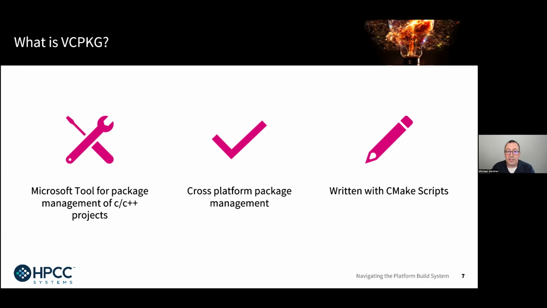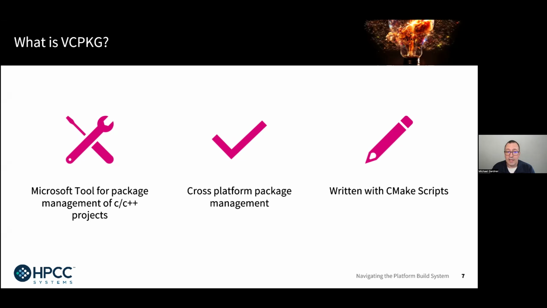And it's also cross-platform. So it works for all of our Linux distributions that we target. It also works for Windows that we target. And it's written with CMake primarily. For anyone who's ever looked at the HPCC platform source code, we heavily utilize CMake for all of our cross-platform builds.